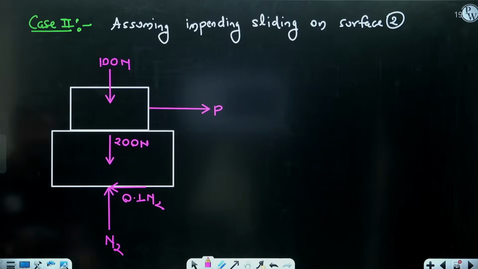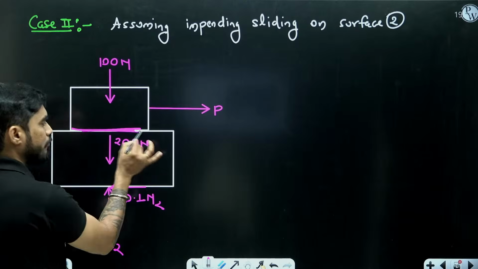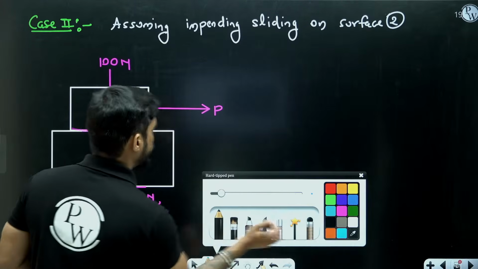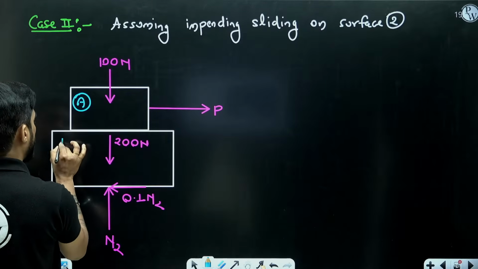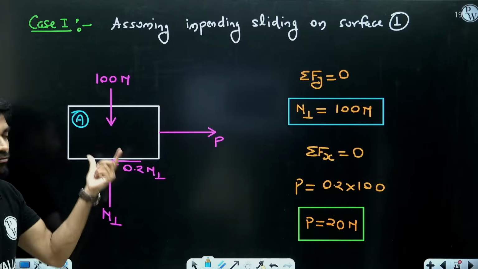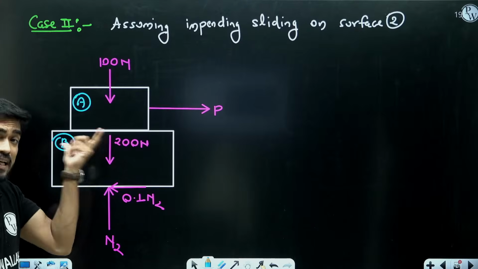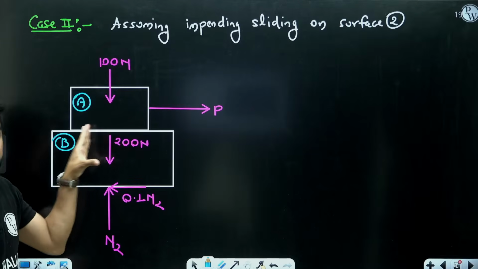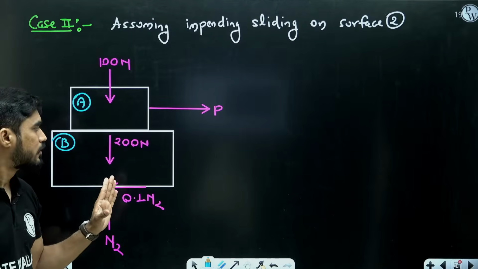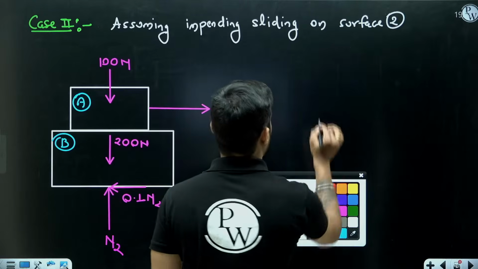Now understand, I will not consider the normal and friction force on surface number 1. Why? Because I have not isolated block A and block B. This normal and friction force is acting between block A and block B, so if A and B are together, there will be no friction and normal force between A and B. Clear? Now here again I will apply equilibrium equation.